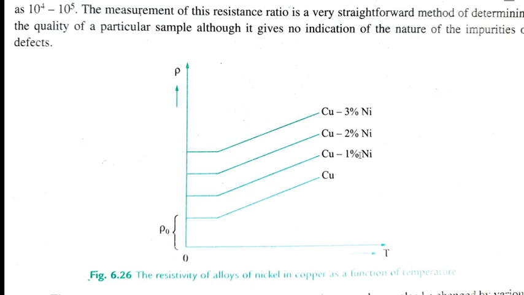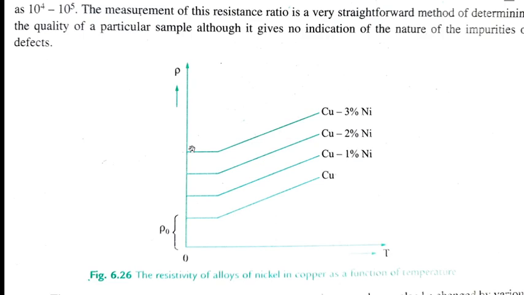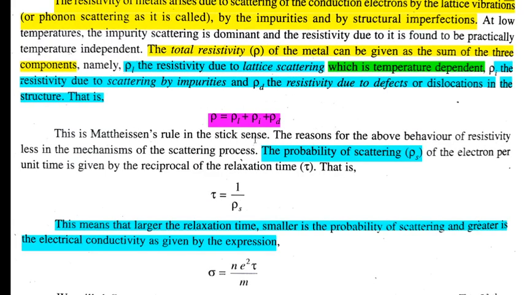So the impurity contribution is just shifting on your y axis. I'm sorry, yes, so rho I is the impurity contribution, which is again independent of temperature, and rho D is a permanent deformation in a crystal. So basically it is a part of impurity, but it's a subcategory of impurity.